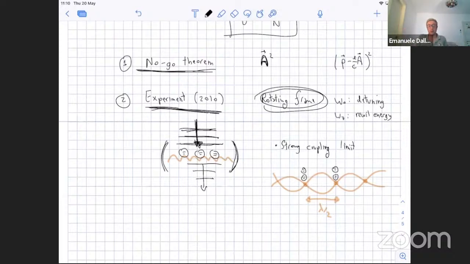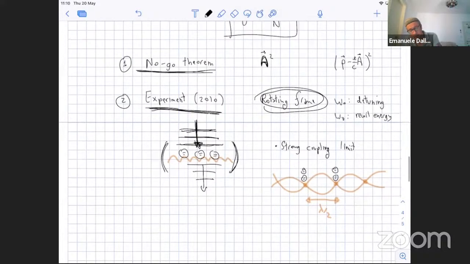When they scatter light into the cavity, depending on the position of the atoms, this translates into either a phase of 0 or a phase of pi, because the distance between the atoms is lambda over 2. In the vertical direction, they are all at the same place, so from the pump they all feel exactly the same phase. However, when they scatter into the cavity, in the horizontal direction, the distance is lambda over 2, so there is a phase difference of pi.